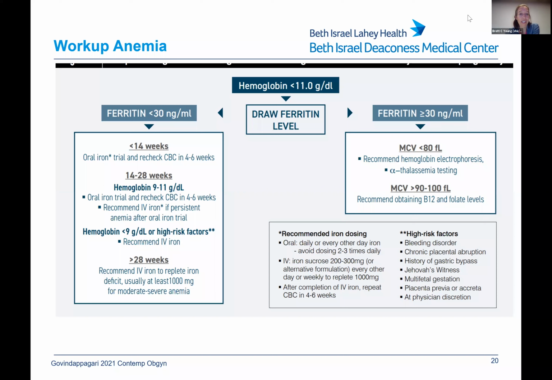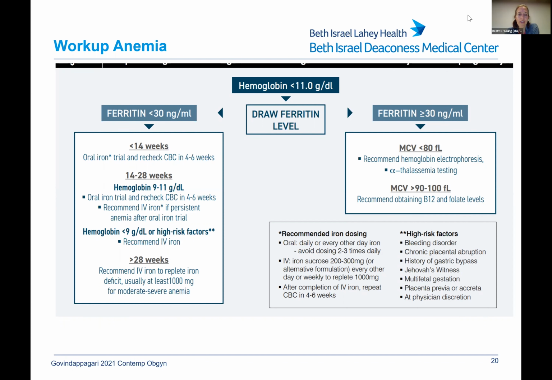And if still persistent after an oral iron trial, should strongly consider use of IV iron, and we're going to go into that. And certainly if a patient has a hemoglobin less than 9 in the first or second trimester, or other high-risk factors, which might be known accreta, placenta previa, second or third C-section, we should think about starting initially with IV iron.